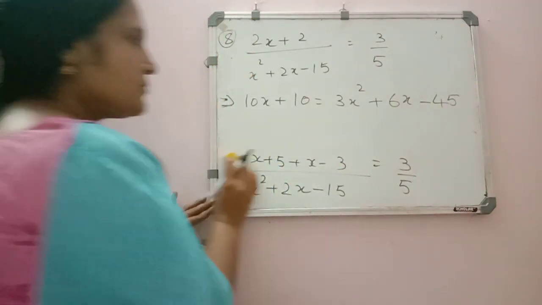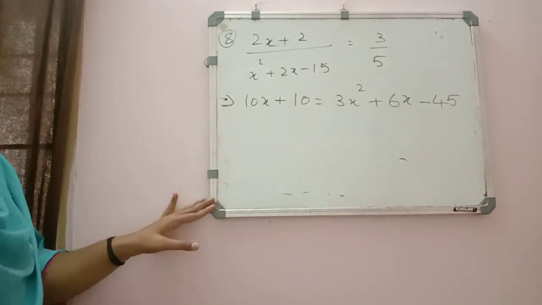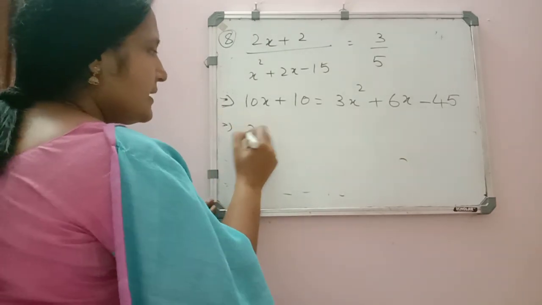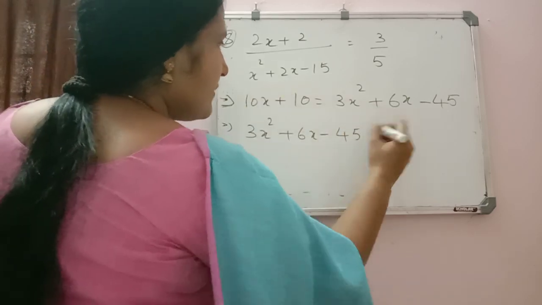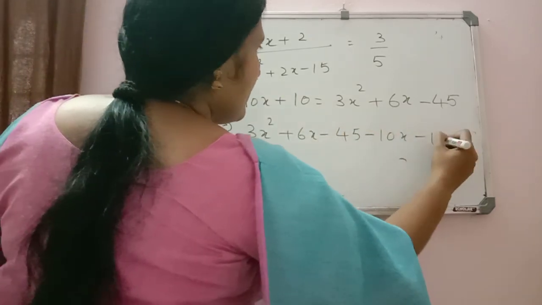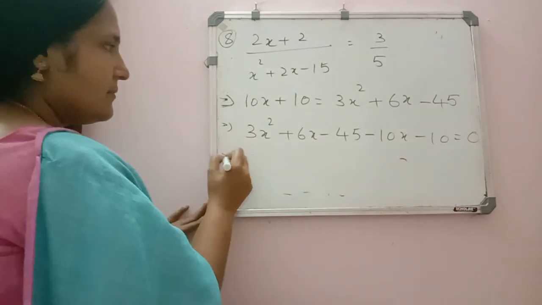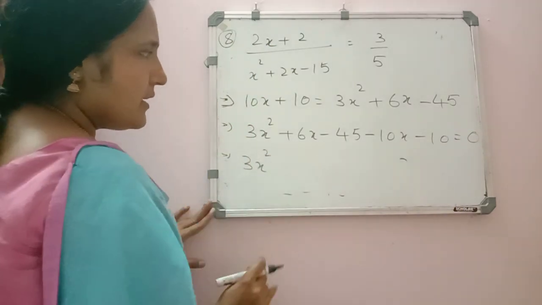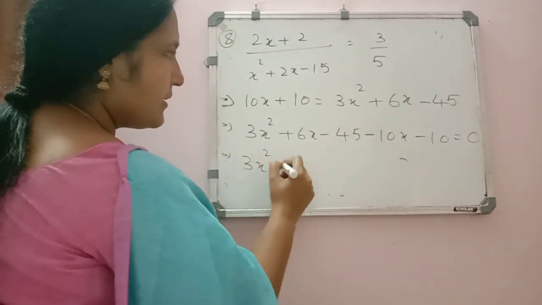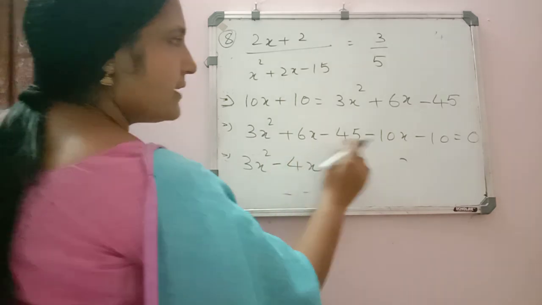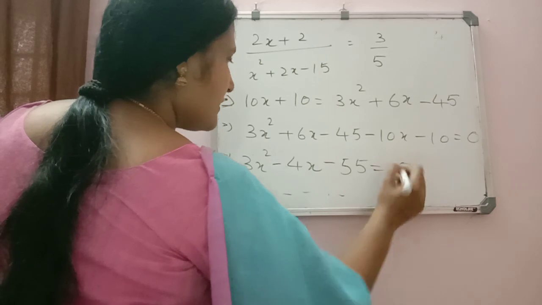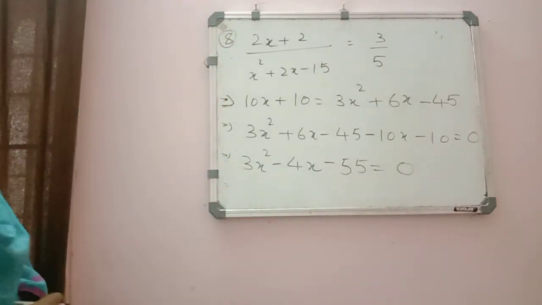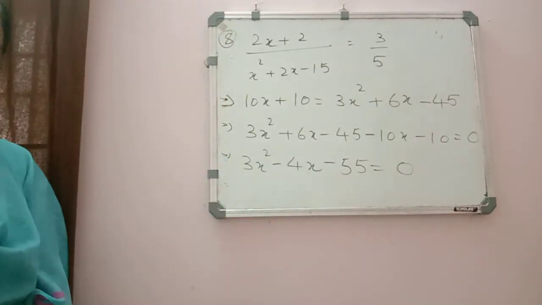You can shift all the expression to one side. 3x² + 6x - 45 - 10x - 10 = 0. So 3x², 6 minus 10 is -4x, -45 minus 10 is -55, equal to 0. So we got the quadratic equation. Start solving it.